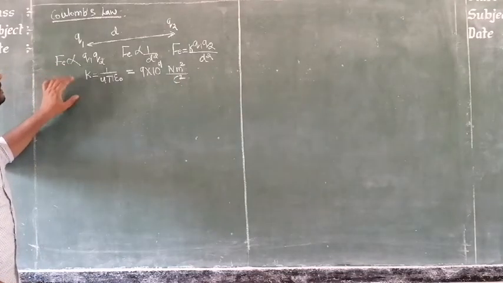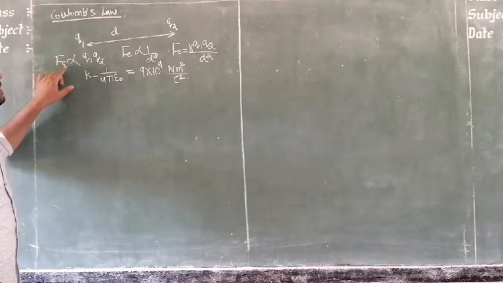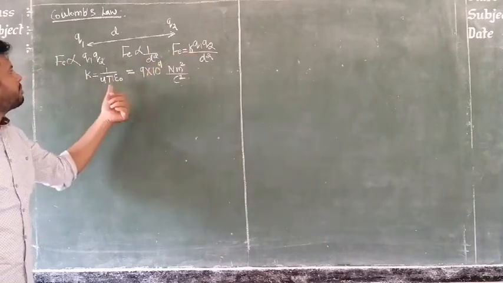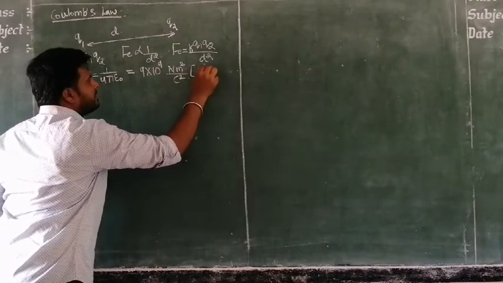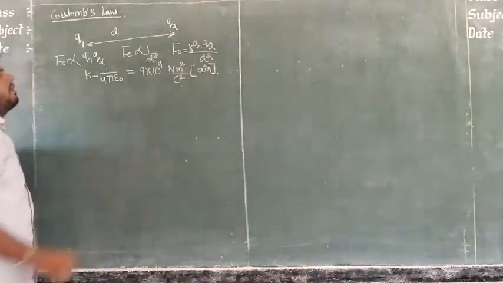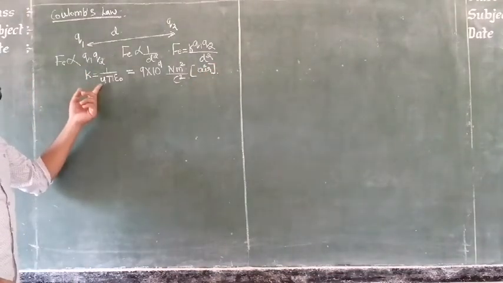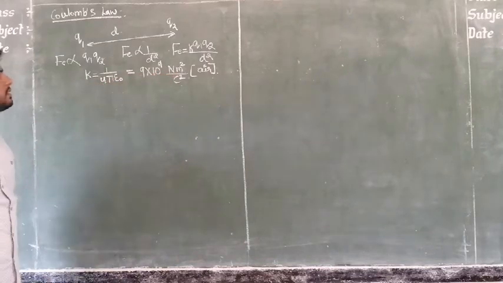So this is the force equation. This K constant is only for air. What exactly does this mean?